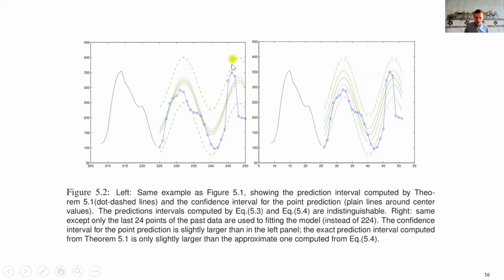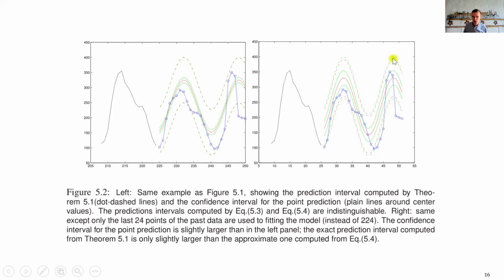So we see that the coverage of the prediction interval is in fact not affected by the estimation uncertainty when I've used 220 points for doing the estimation in the past. In contrast, if I use only 24 points for doing the estimation, I see that the green dotted line is slightly above the red dotted line. The red dotted line is the prediction interval I have if I ignore estimation uncertainty. The green one is if I incorporate it.